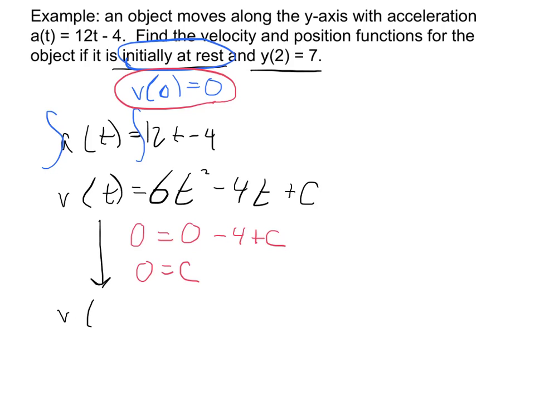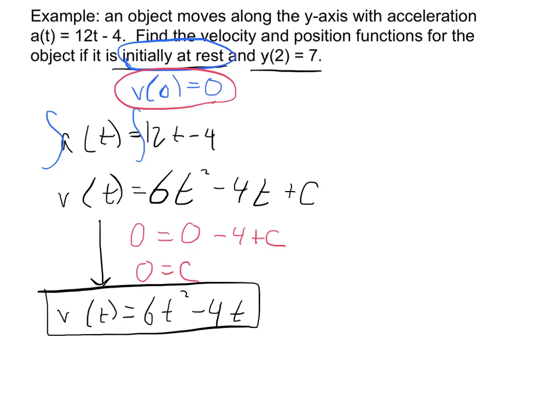I knew my velocity function was 6t squared minus 4t plus c, but now that c is 0, I could write plus 0 if I wanted. I'm just going to stop there. This is my velocity function. This is half of the answer to the question, because it wanted the velocity function and it also wanted the position function. So now that I have velocity, I can keep moving.